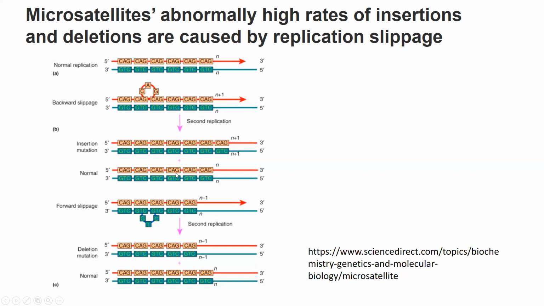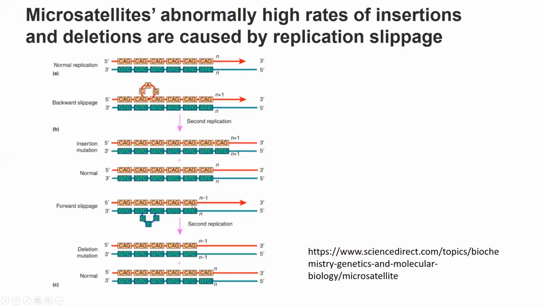And there's another way of replicating, called forward slippage. Again, the bottom is the template, the top is the newly synthesized sequence, and here there's a forward slippage. The newly synthesized CAG moves forward to the next GTC for pairing, and skips one set over there.